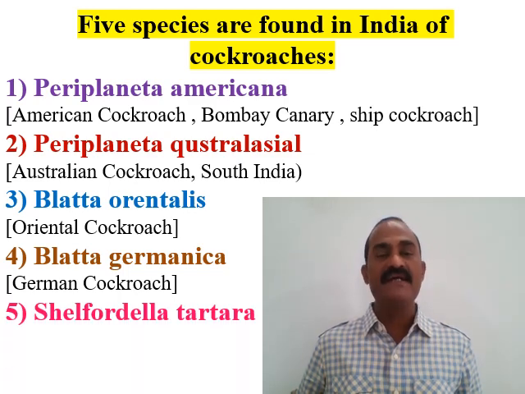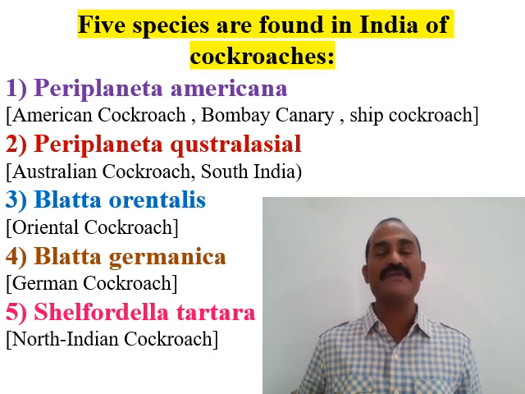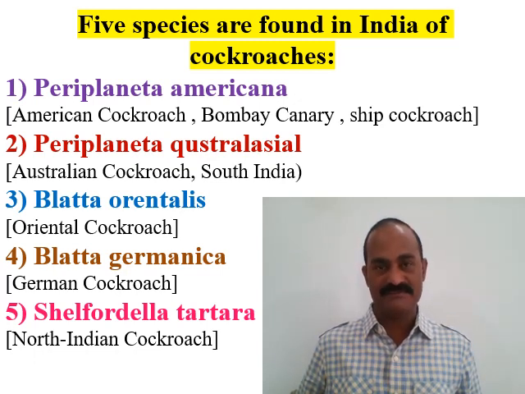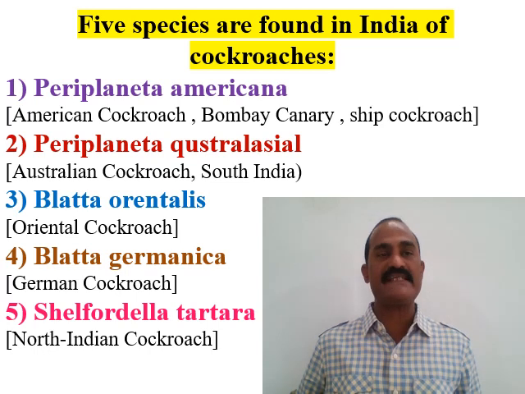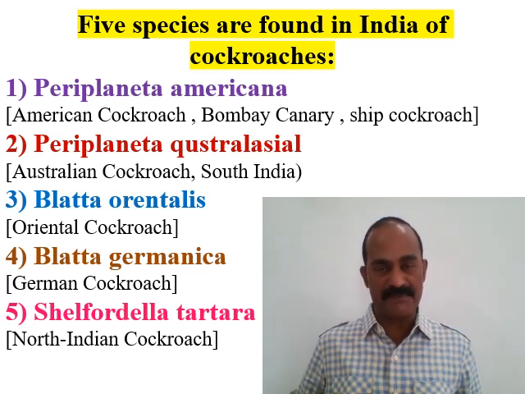And the fifth one is Shelfordella tartara. This cockroach is predominantly found in North India, and that's why it is called the North Indian cockroach. So these are the 5 species of cockroaches which are found in the larger Indian subcontinent.